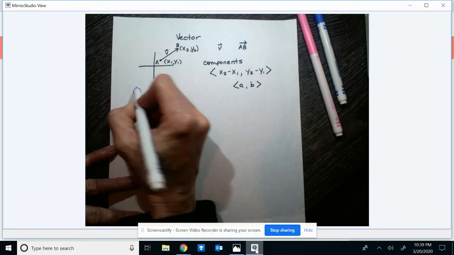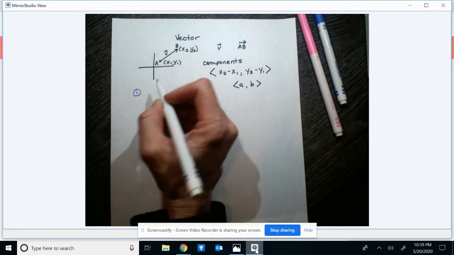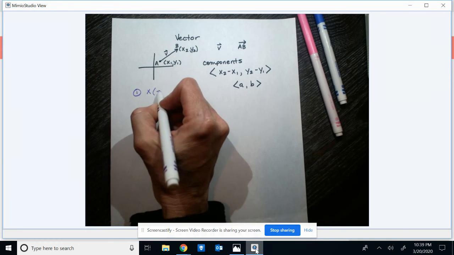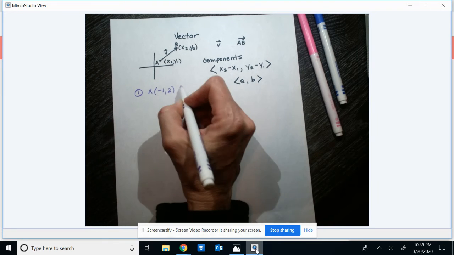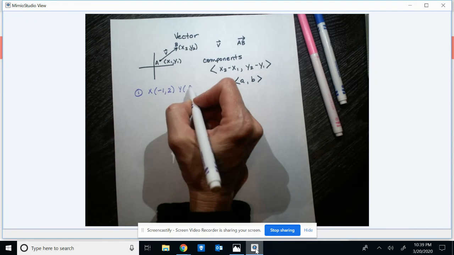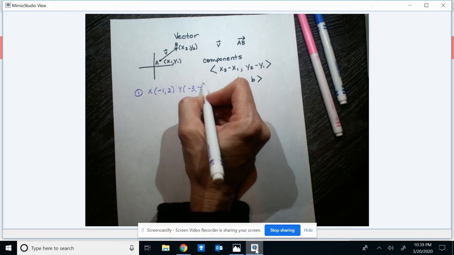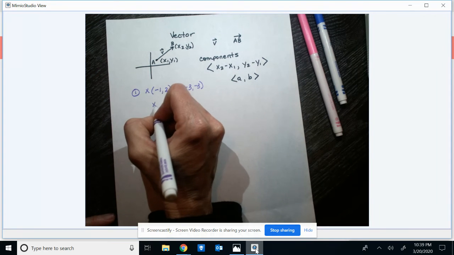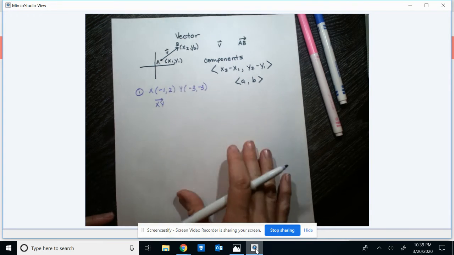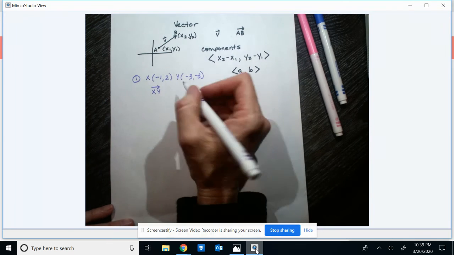So let's say, for example, I gave you a point x that is at negative 1, 2, and it ends at y that's going to be at negative 3, negative 3. So I want you to find the vector's components for xy.